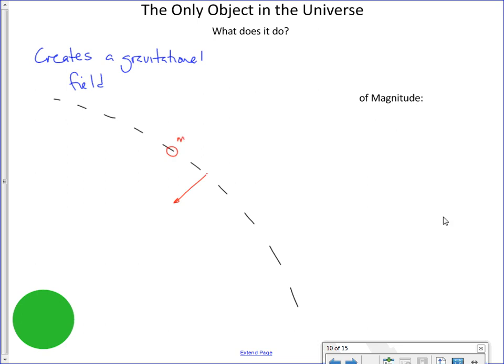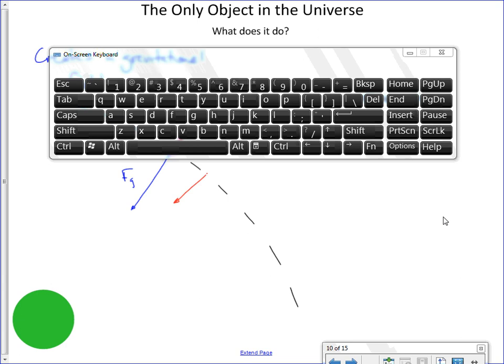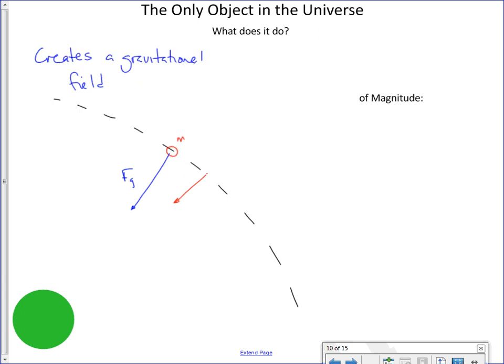Well, that mass m could experience a force, a gravitational force, Fg. Right? And then, of course, this would experience a force Fg of the same size in an opposite direction like that, right? But what also could happen is, let's say we put a mass 2m here. Well, that object would experience a force 2F. Twice as long?